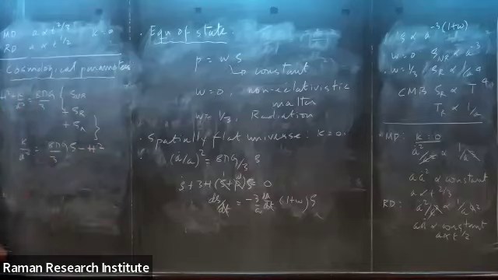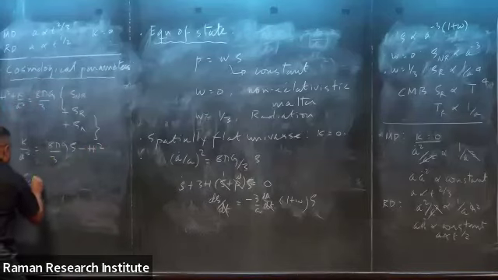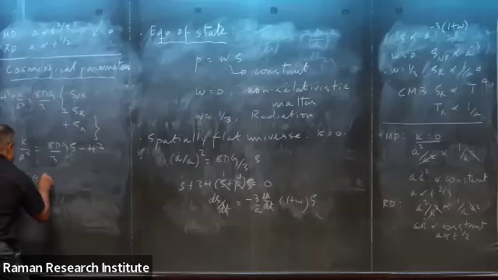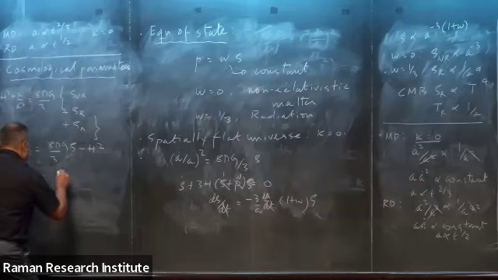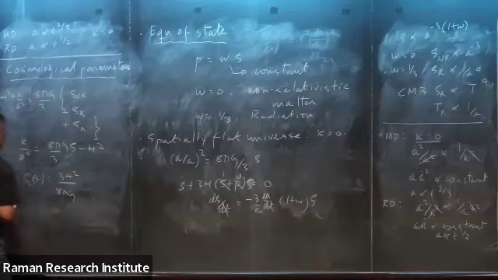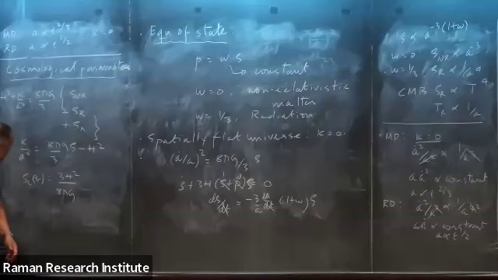I'm going to introduce something called rho c of t, which is 3H squared by 8 pi G. So what happens when rho equals 3H squared by 8 pi G?